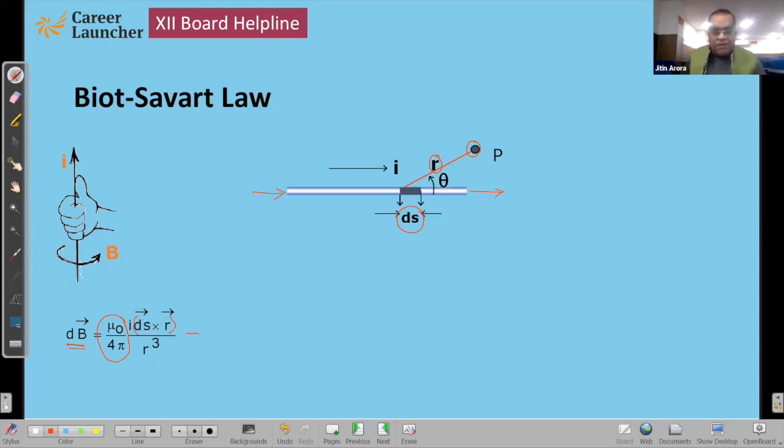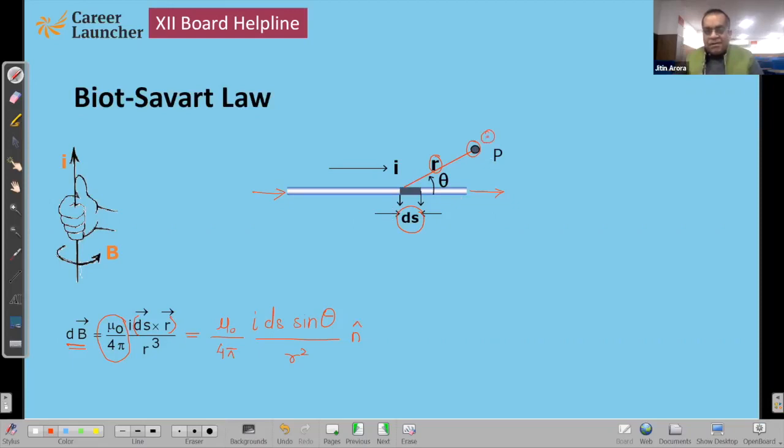So ये फॉर्मूला हमारा निकल के आता है, फिर mu naught by 4 pi I ds sin theta divided by R square in magnitude, and its direction vector is in the direction of ds cross R. So that's how we find the direction of the magnetic field. तो इस केस में अगर हम देखें तो ds vector is in the direction of the current, R vector इधर है, तो ds से R की तरफ fingers को curl करेंगे, तो magnetic field at this point would be in the outward direction.